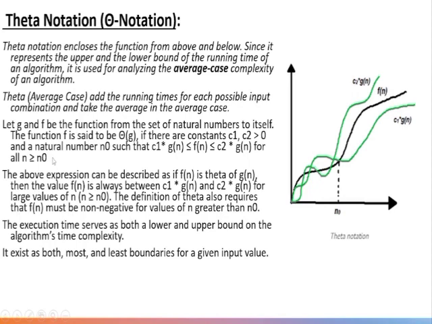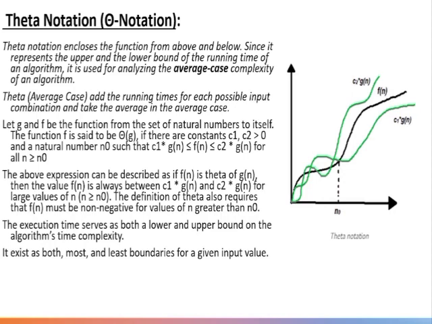The above expression can be described as: if f of n is theta of g of n, then the value of f of n is always between c1 g of n and c2 g of n for large values of n, where n is greater than or equal to n0.